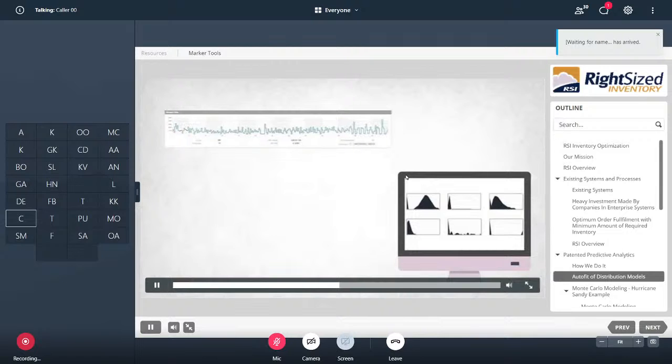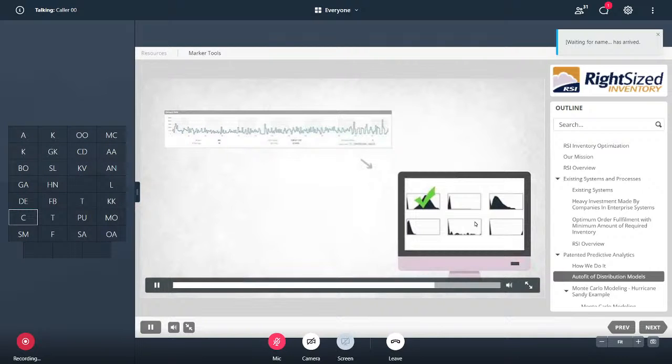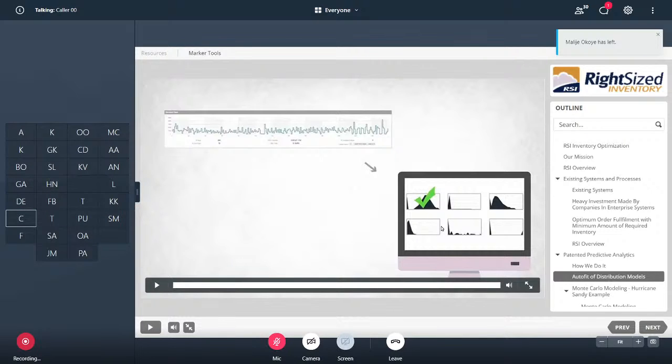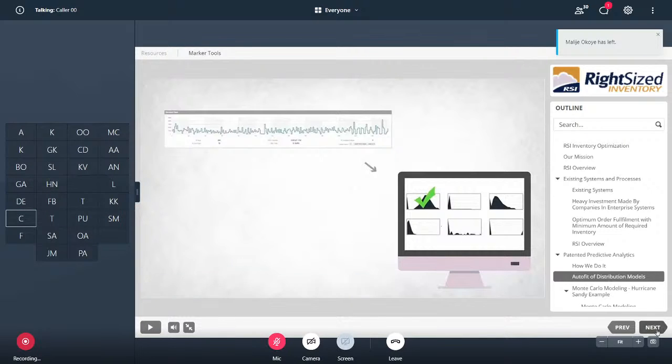Since ERPs, MRPs, and reordering systems utilize a formula, a calculation, or an algorithm, by definition they're only using one of these profiles. And so that's the first piece of the patent. This can also be viewed as the ABC stratification, or your ABC classifications or designations within your inventory settings. And so that's the first piece.